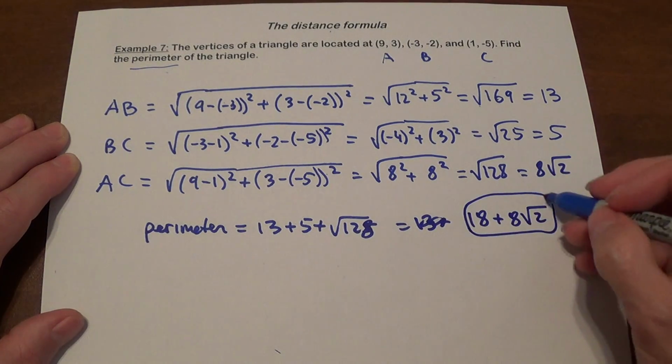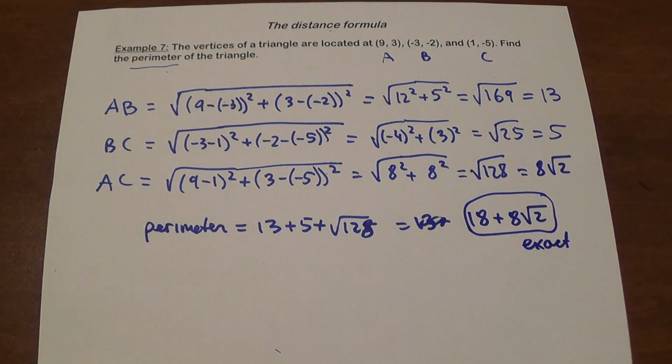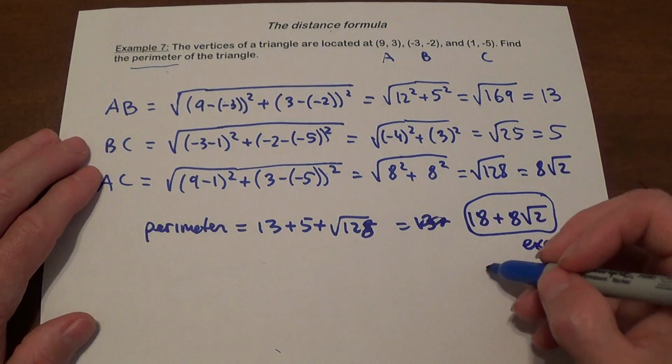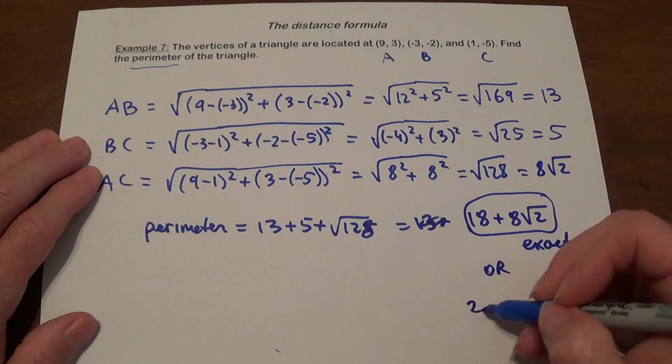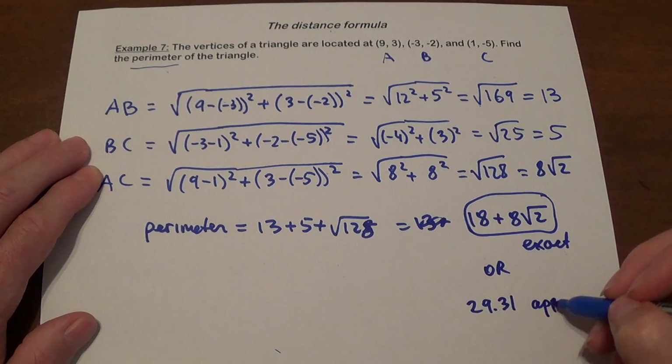This is going to be the exact value. And if I want to approximate that, I'm going to do 18 plus the square root of 128. I'm going to get the decimal for that, and it's going to be approximately 29.31.